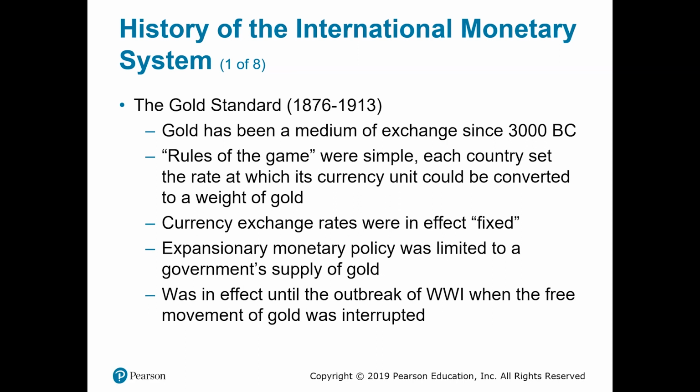So if you want to trade $1 with 1 British pound, the exchange rate between these two currencies was determined according to the price of gold per ounce in these two countries. As I said, the price of 1 ounce of gold in the USA was $20.67, and in Great Britain it was 4.247 pounds sterling.